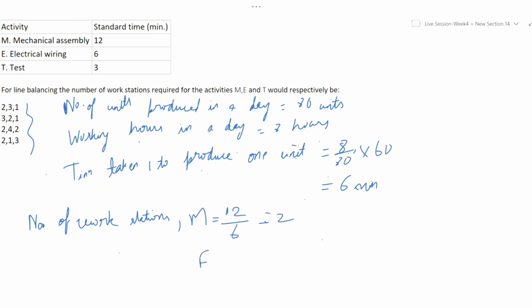For E it will be 16 by 6, which is equal to 2.66 or 3. You can round it up.